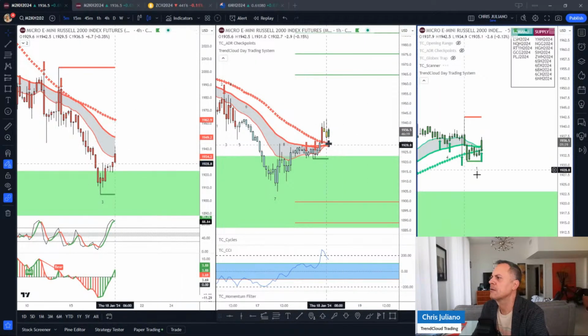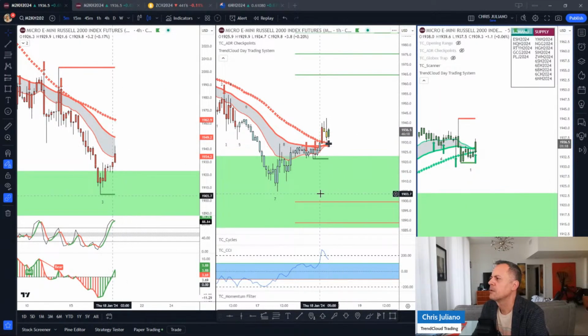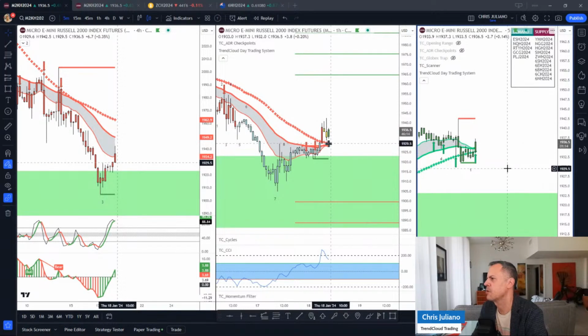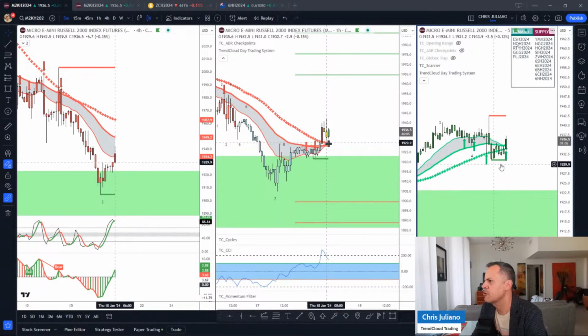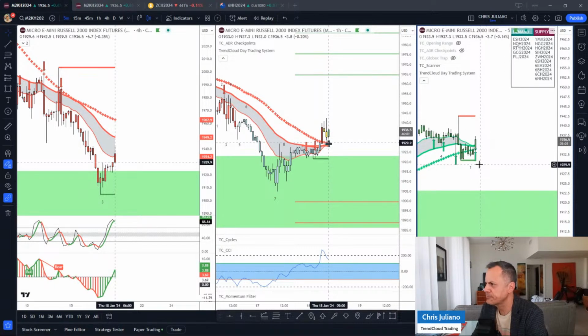Okay, I'm getting a good sense of this right now. So we've got to see where that's going to hit. But we've got structure down here. So our stop loss is going to be here.